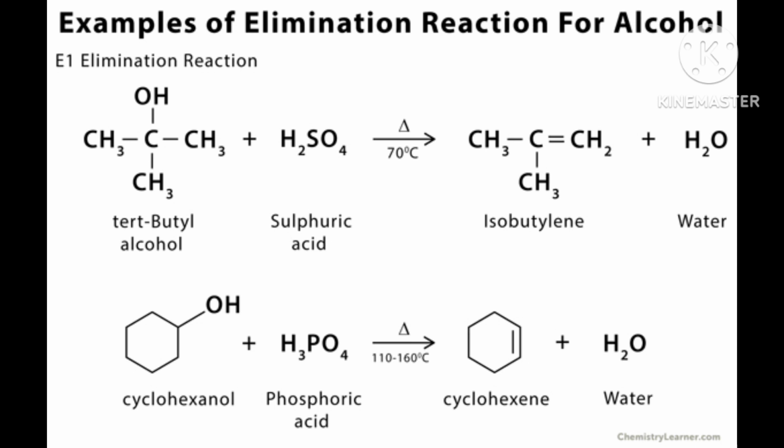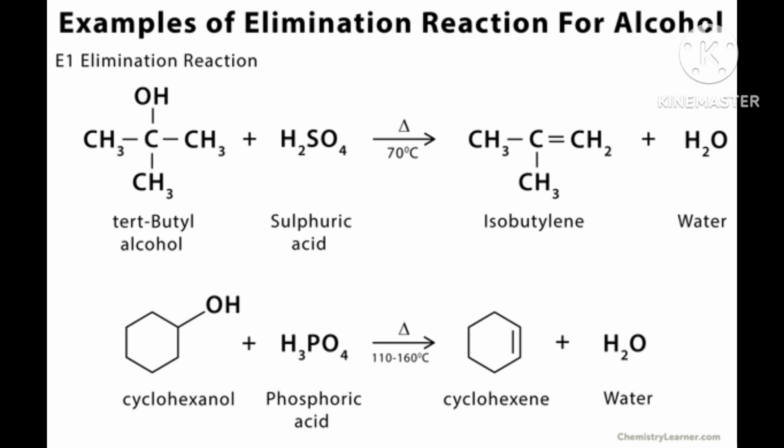Hydrogen from one carbon, that is beta carbon, I will tell you about beta and alpha carbon. From one carbon hydrogen is going out, and from the other carbon halogen is going, means Cl, for example, means HCl is going outside.